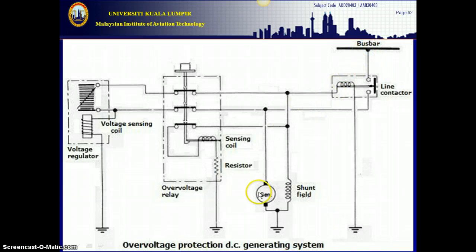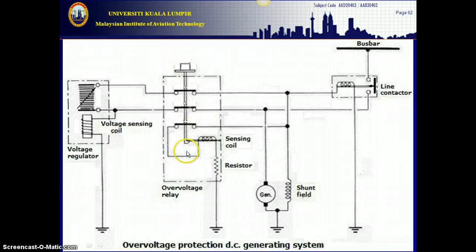Again, the relay consists of a number of contacts. For example, here we have 3 contacts connected in all the essential circuits of the generator system and mechanically coupled to a latching mechanism. This is the latch. This mechanism is electromagnetically controlled by a sensing coil and armature assembly, the coil being connected in the generator shunt field circuit and in series with the resistor.